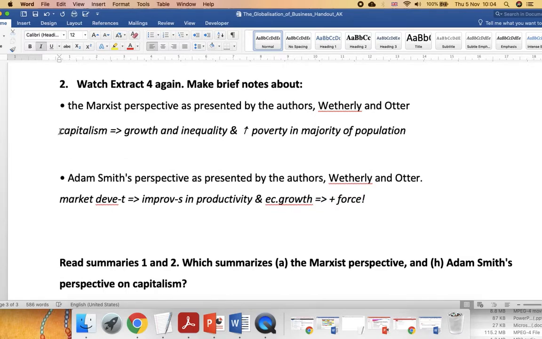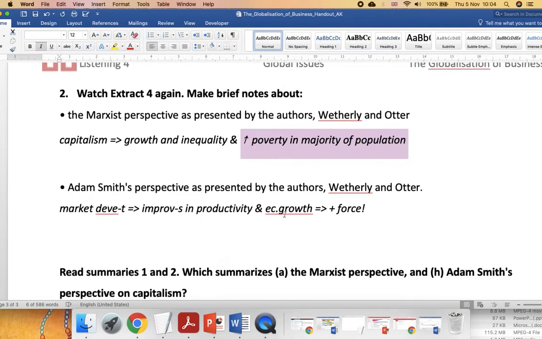So they both agreed that market development leads to economical growth, but Marx thought that in the end it's negative, as it causes poverty in the majority of the population, while Smith thought that it is a positive one.